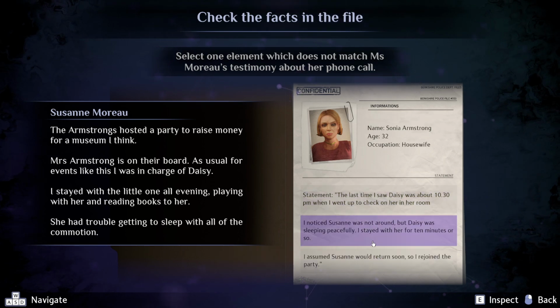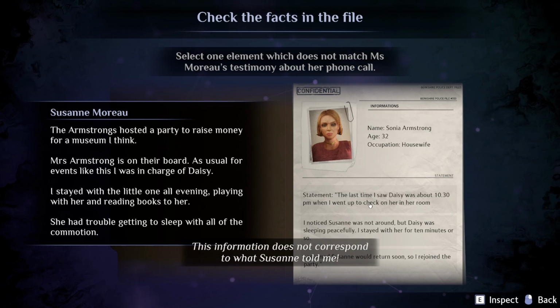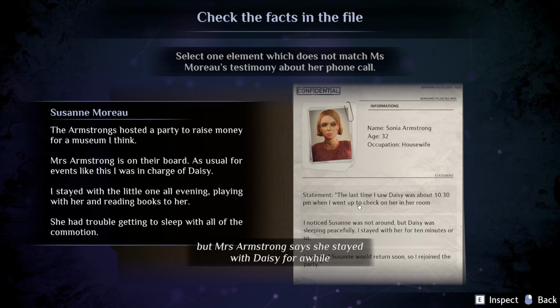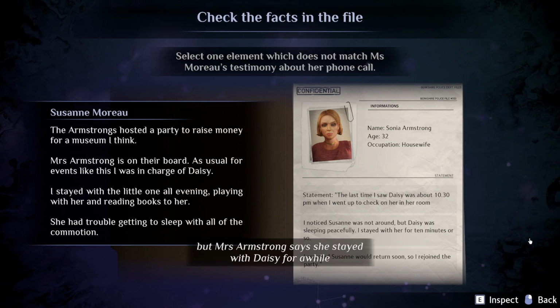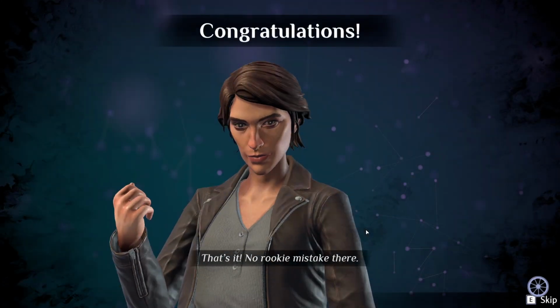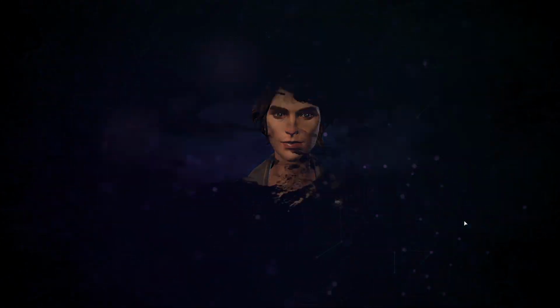Nothing shocks me here. This information does not correspond to what Suzanne told me. Suzanne said she left Daisy alone for 5 minutes, but Mrs. Armstrong says she stayed with Daisy for a while and Suzanne did not return. That's it. No rookie mistake there.